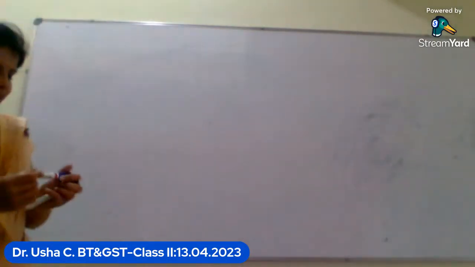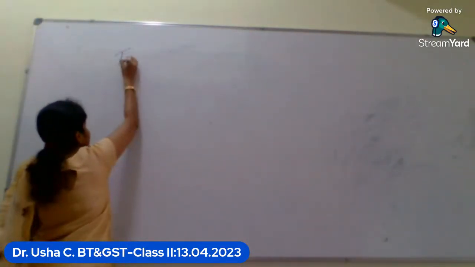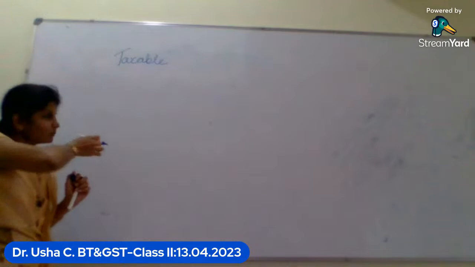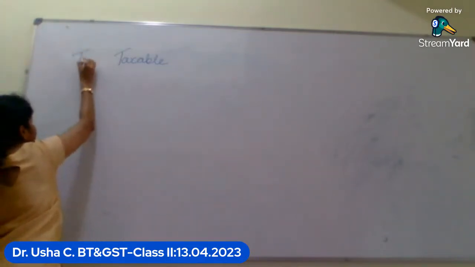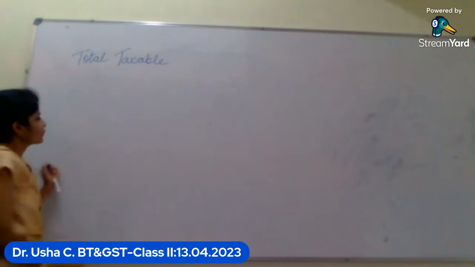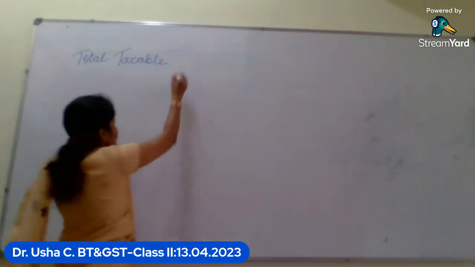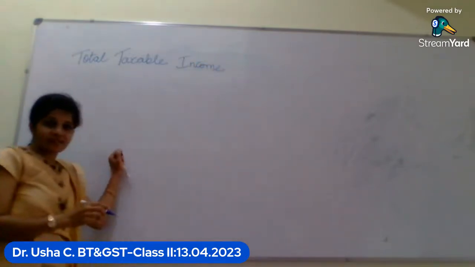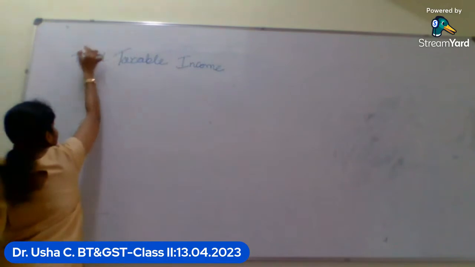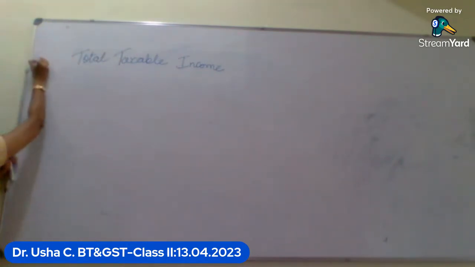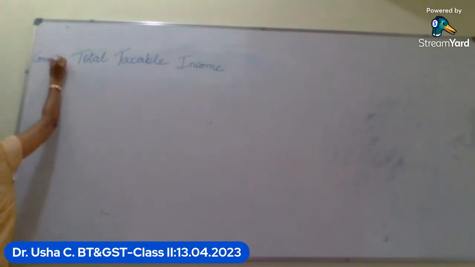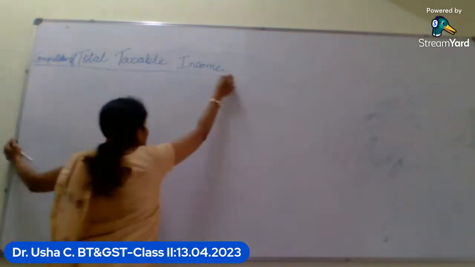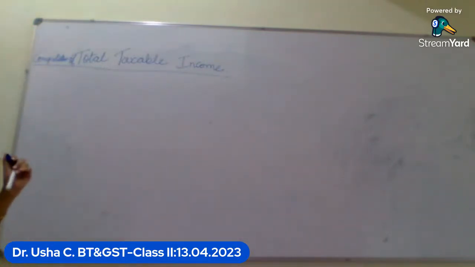For this same problem, we have to calculate total taxable income. So in the beginning you should write computation, or calculation, the same thing, computation of total taxable income.